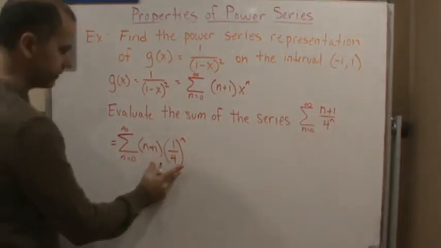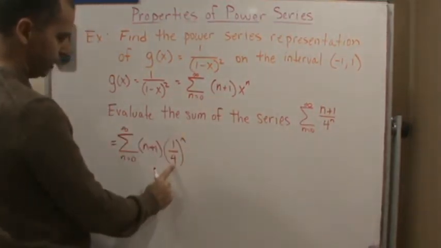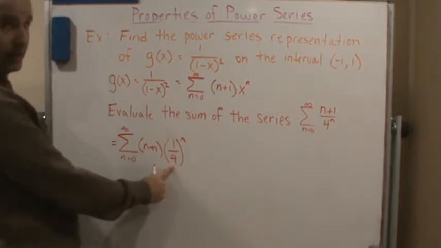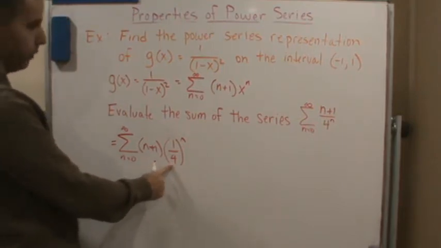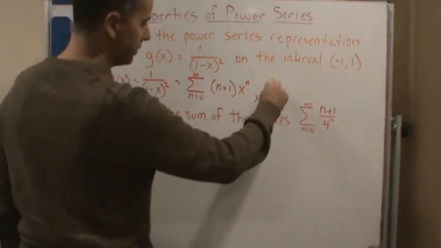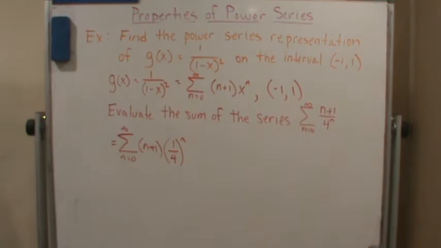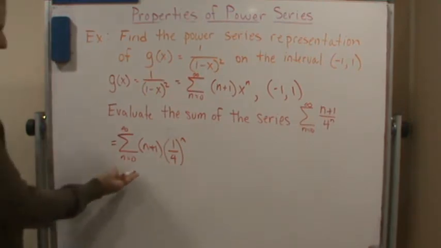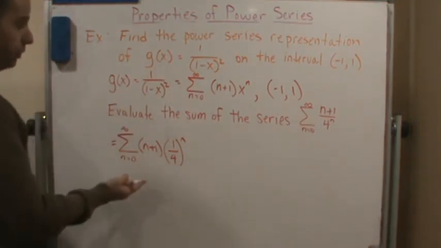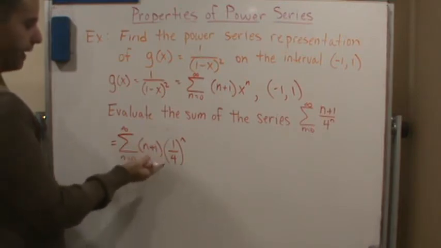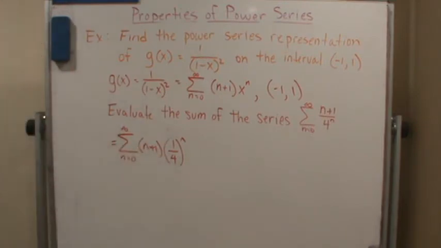Now this looks like this, and we know it's convergent because x is in the interval of convergence, right? Remember, this interval of convergence is -1 to 1. So now we know this is convergent, so we can find what this converges to.